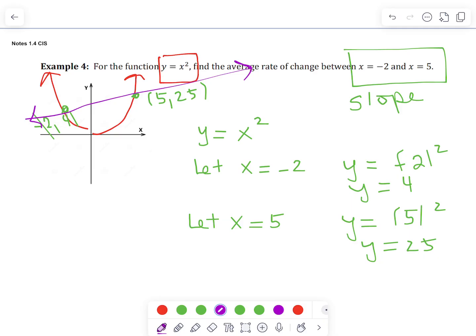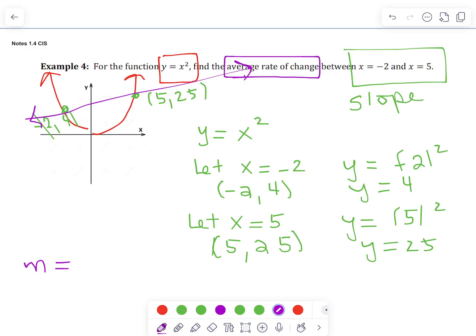So what we're looking for is what is the slope of that purple line? So let's go ahead and find it. So m, what is the slope of that purple line? So we're going to go ahead and substitute it in. So the first ordered pair here is (-2, 4). The second ordered pair is (5, 25). And we're going to find the slope of that line, which is what we call the average rate of change, which represents slope.